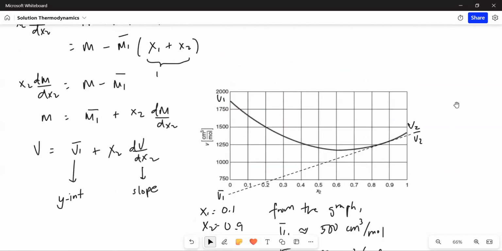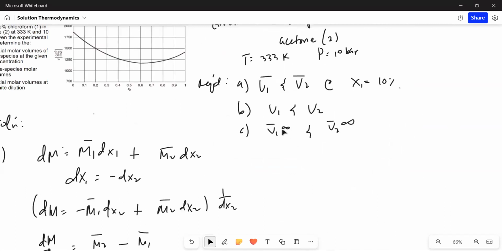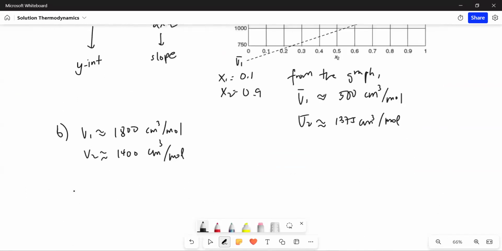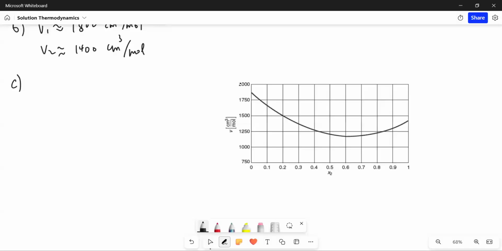And finally, we're being asked for the infinite dilution. How do we read that from the graph? We're being asked for the partial molar volume at infinite dilution, V1 bar at infinite dilution, and V2 bar at infinite dilution.